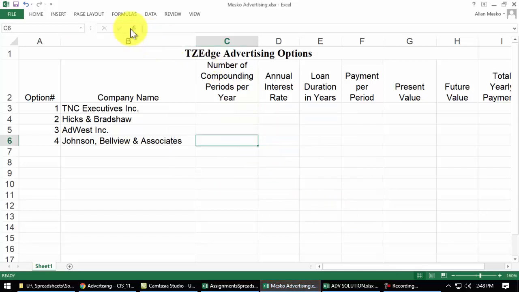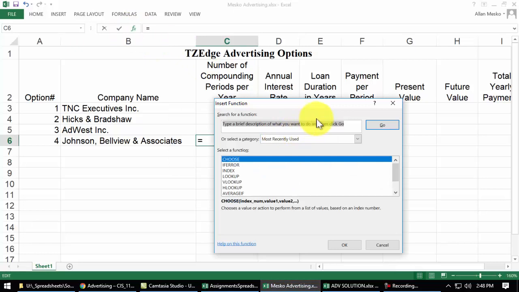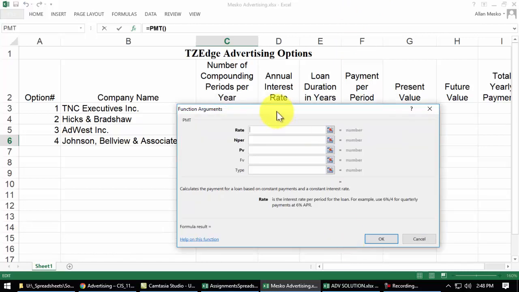If we look at our function wizard and say PMT, that's our payment function that tells us what the payment is, and notice the different things. The rate is the rate per period of the loan.